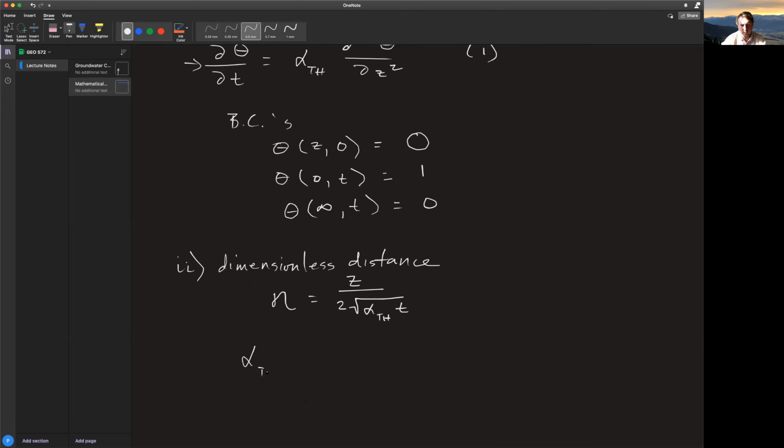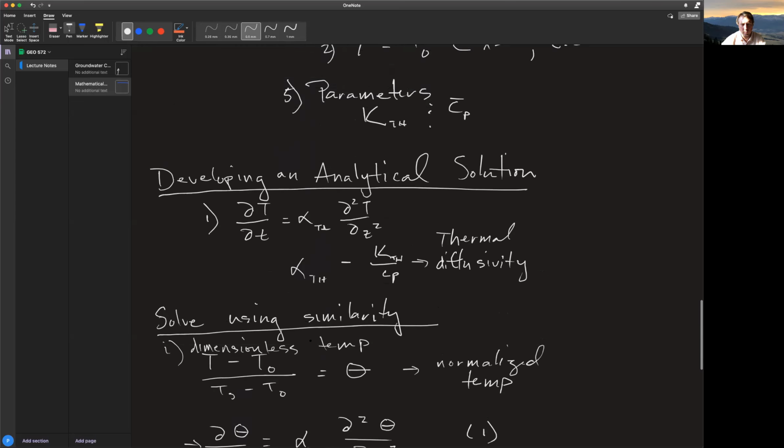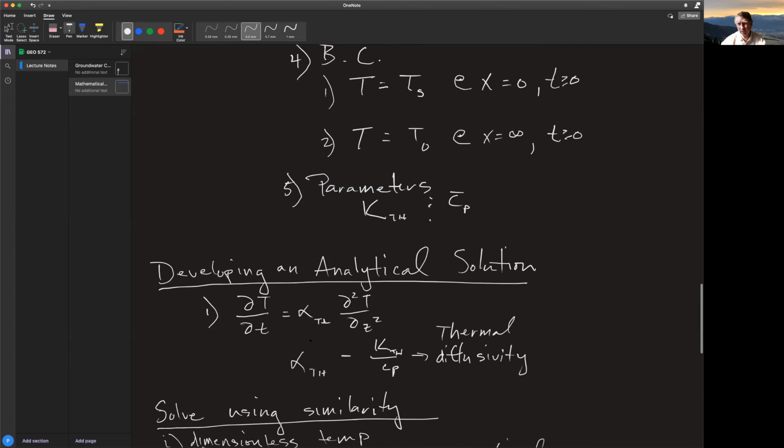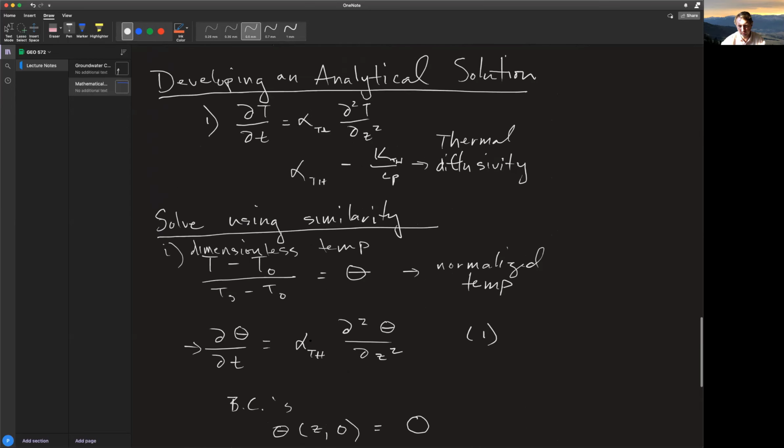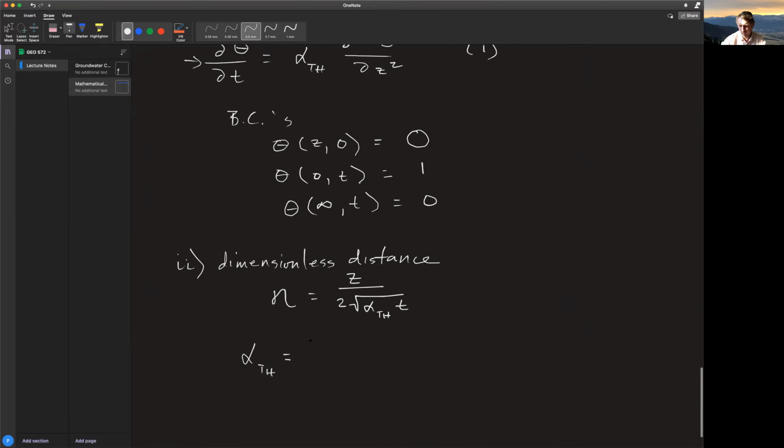So alpha th is equal to the heat capacity, which was joules per kilogram Kelvin, divided by the thermal conductivity, which was watts per meter Kelvin.